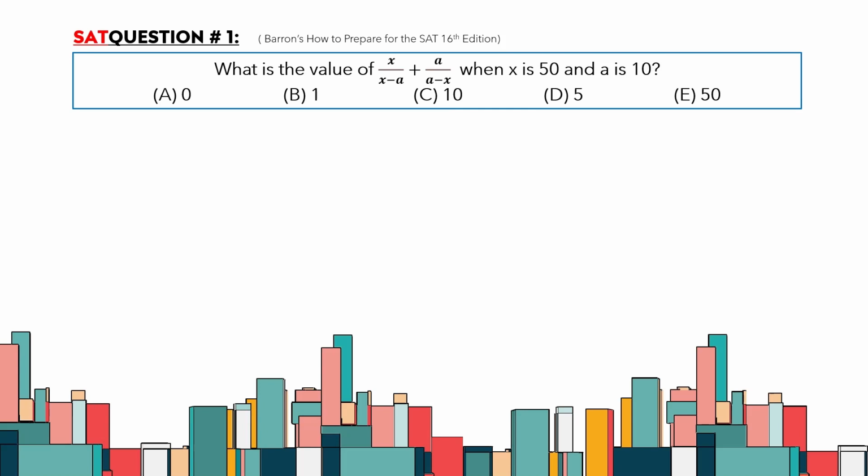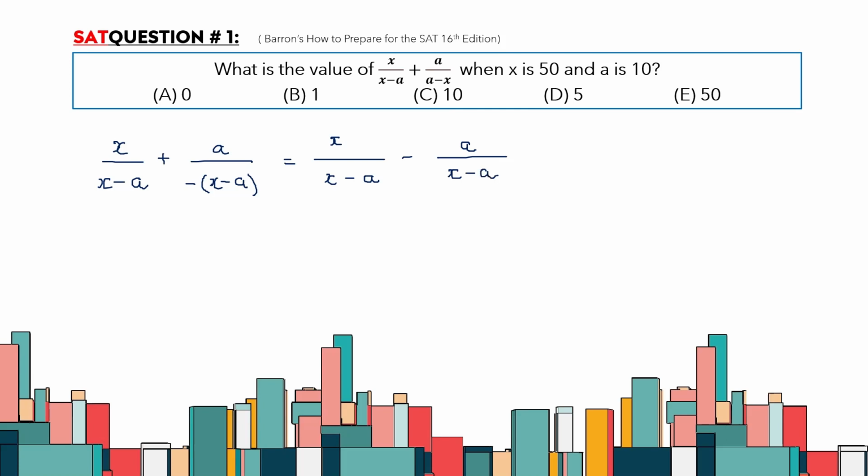is different from 0. We noted that the two fractions will have the same denominator when we rewrite it as x over x minus a and then plus a over minus x minus a, and it can be written as x over x minus a minus a over x minus a.